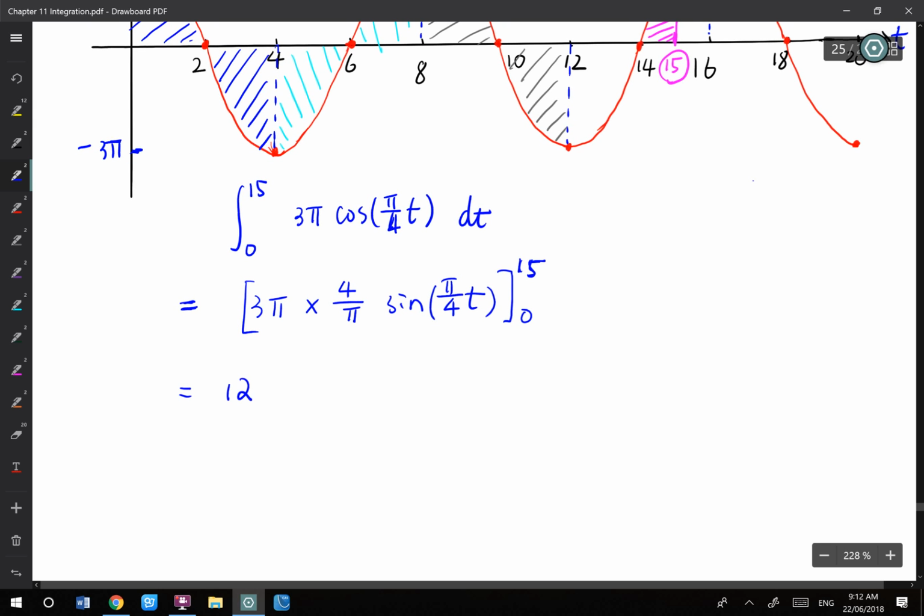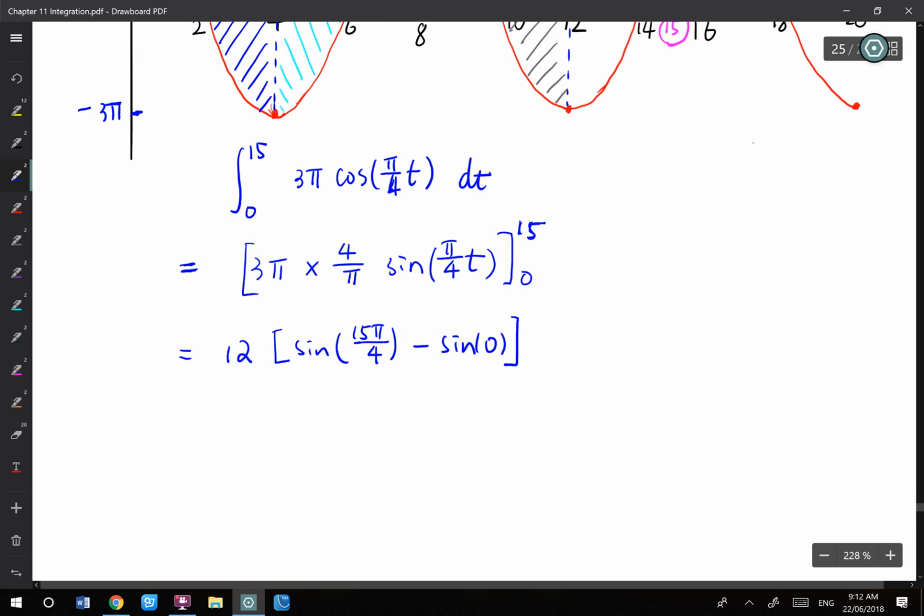And that is 12 times sine 15 pi over 4 minus sine 0. Sine 0 is just 0, we don't need it.